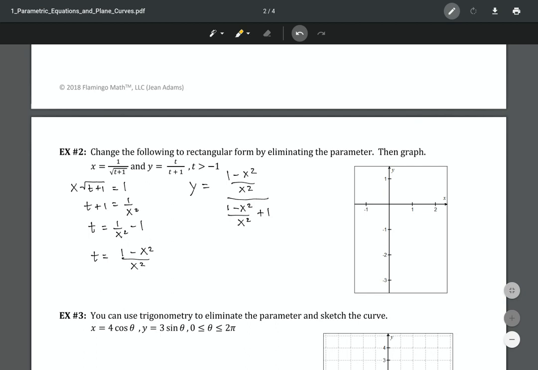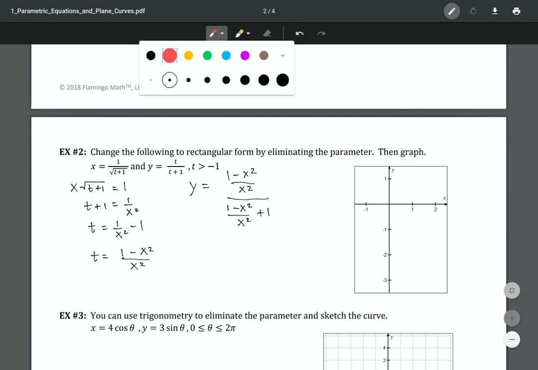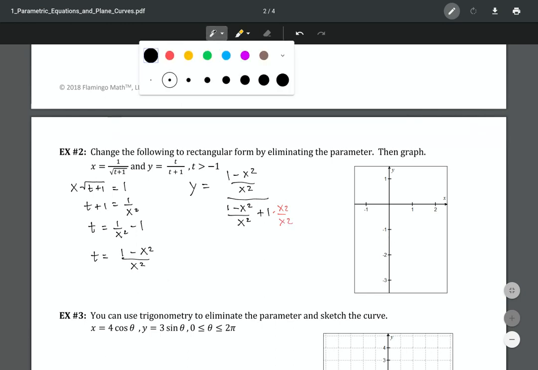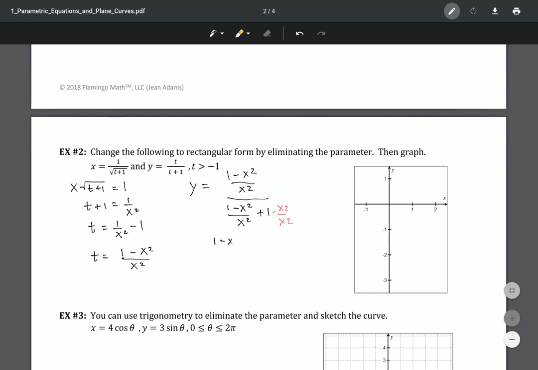What we're going to do now is, it would be nice if the bottom part of that fraction were one single fraction. It would make it a lot easier, right? So I can multiply the top and bottom by x squared to find a common denominator. That leaves me with 1 minus x squared over x squared for the top part.